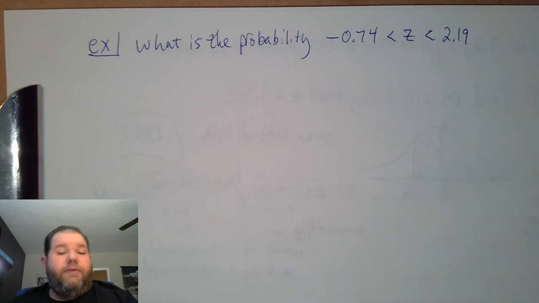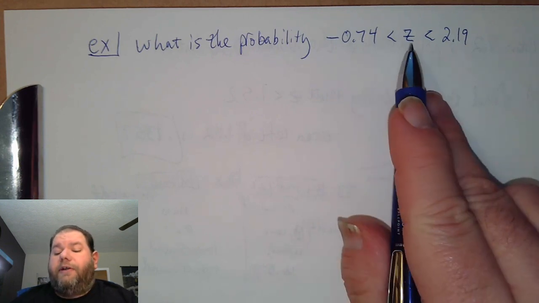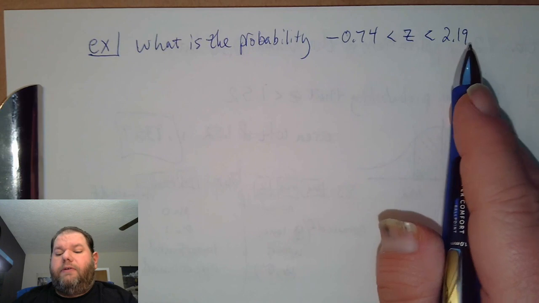Now, this one's different than the first two because now we're saying z is between these two values.